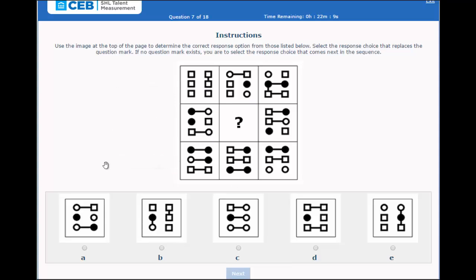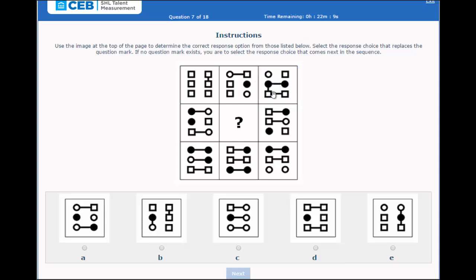By looking at the first row, we see from the second square frame that one horizontal line is included in the same frame as the black circle. Now if we move onto the next frame, we see two pitch black circles with two horizontal lines. So we're starting to see the pattern here.